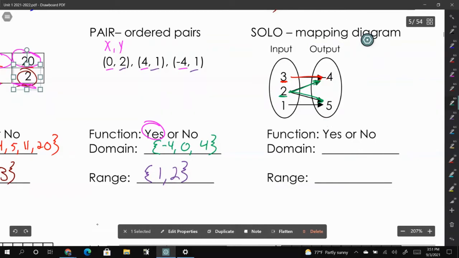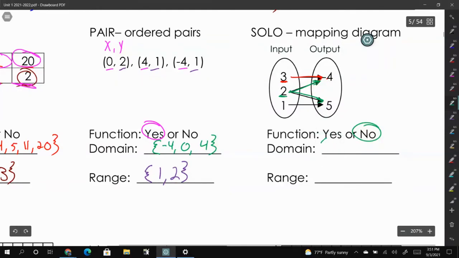So this is not a function, but it still has a domain. Your domain is going to be 1, 2, 3, and your range is -4 and 5.